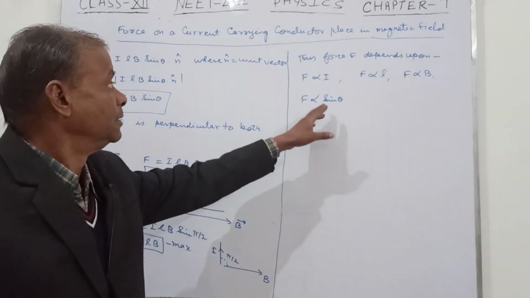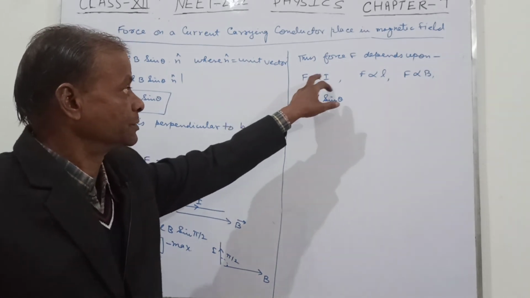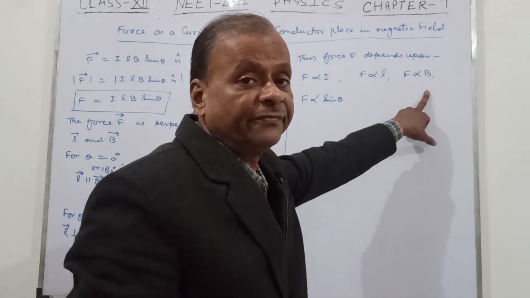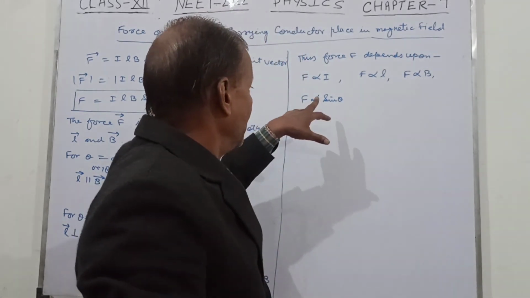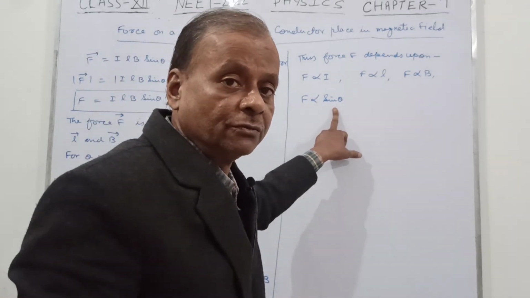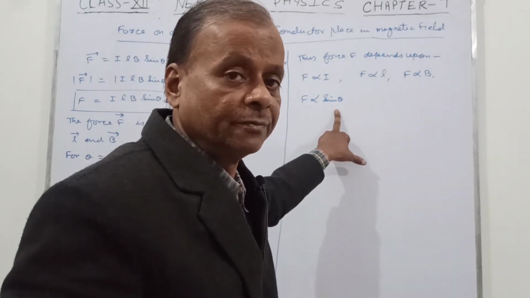Larger the current, larger the force. Larger the length of the conductor, larger the force. Larger the magnetic field, larger the force. And when theta is pi by 2, the force is maximum.